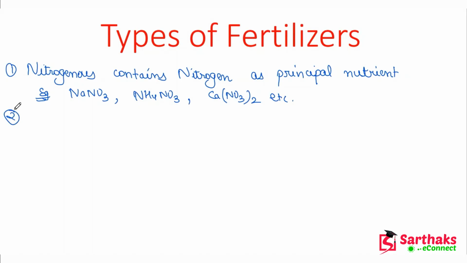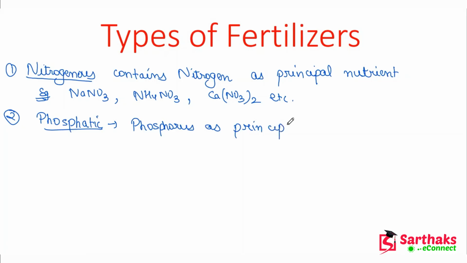The next ones are phosphatic fertilizers, and they contain phosphorus as the principal nutrient.